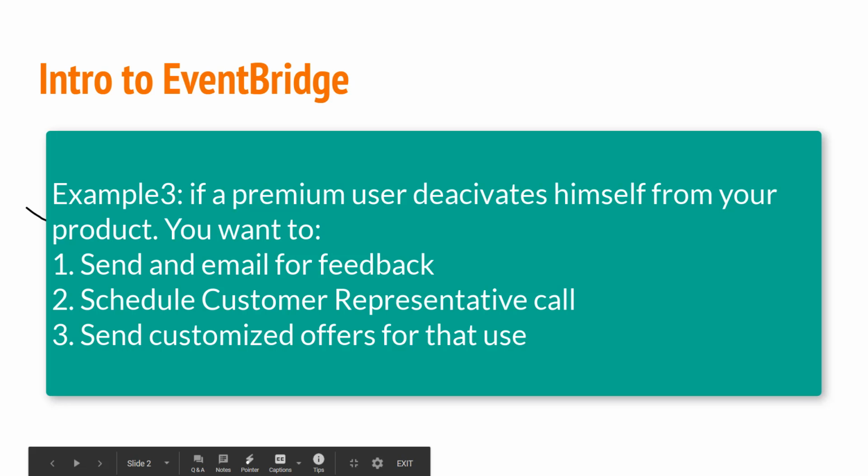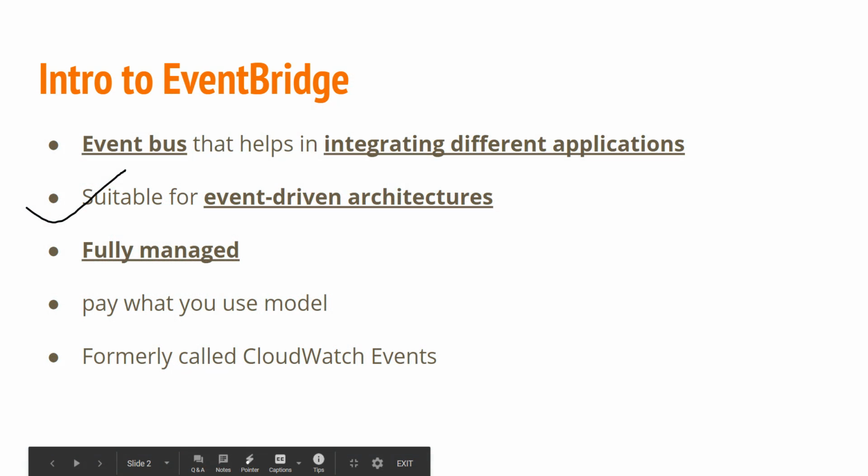So these all can be done with EventBridge. It's a fully managed service and you only pay for what you use inside EventBridge. So as I explained to you earlier, it was formerly called Amazon CloudWatch Events.